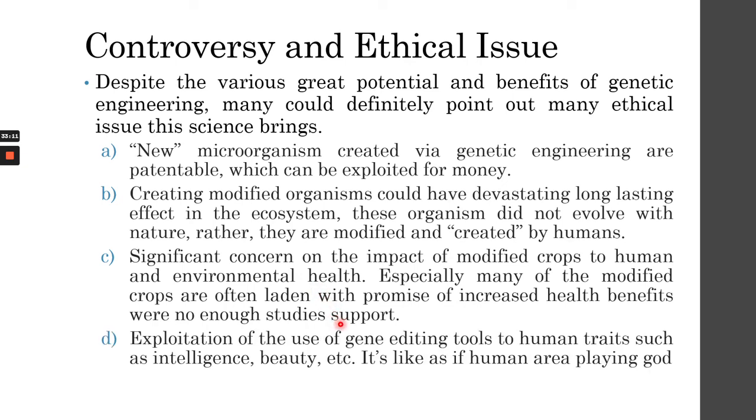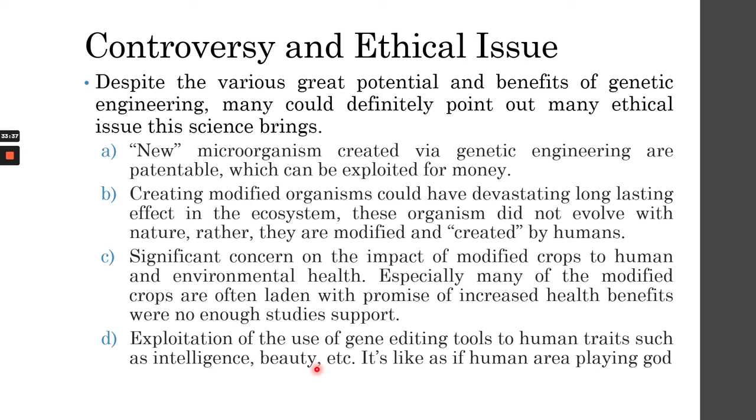And lastly, another ethical issue is exploitation in the use of, for example, the DNA tool. We can, for example, increase the intelligence and beauty of a baby. So there's a term that we used previously, the designer baby. Because of CRISPR Cas9 and other gene editing tools, maybe in the future we can create the perfect baby.